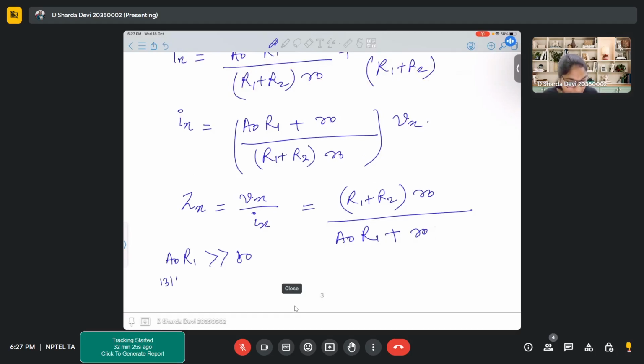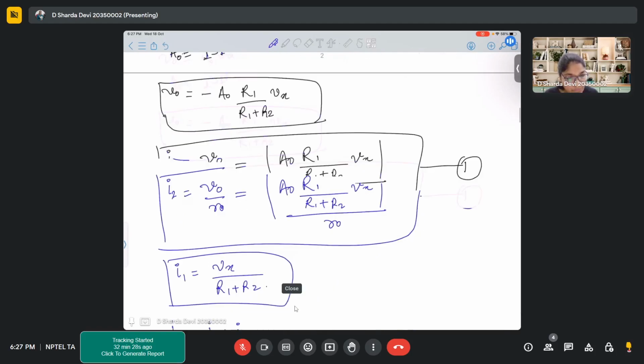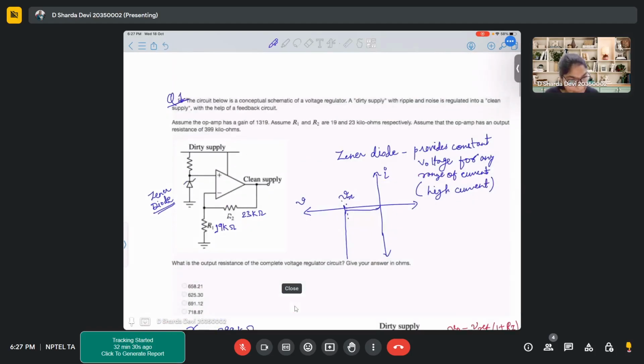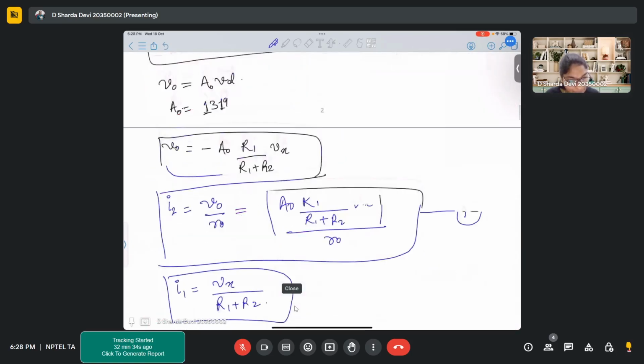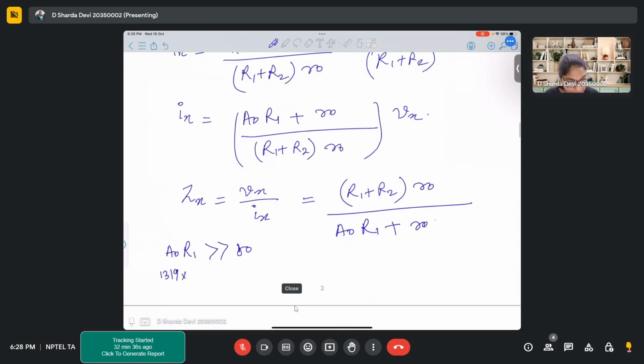Because it is 1319 into R1, which was 19 kilo ohms. This is much greater than 399K, correct? So what we can do, we can neglect this R naught and we can write it like (R1 plus R2) into R naught upon A naught R1.